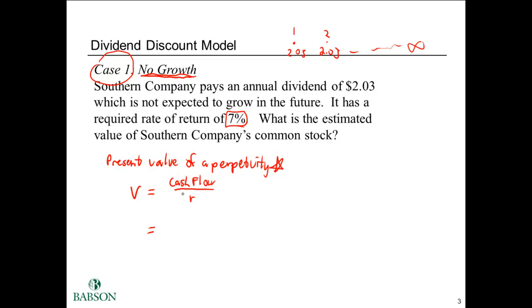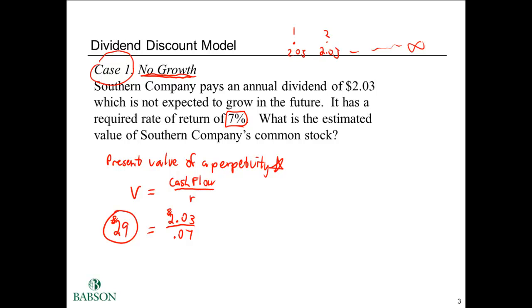So in this case, cash flow per year is $2.03. Discount rate is 7%. So when we work that through, we get an estimate of what we think the value is for Southern Company stock of $29. That's $2.03 divided by 7%.